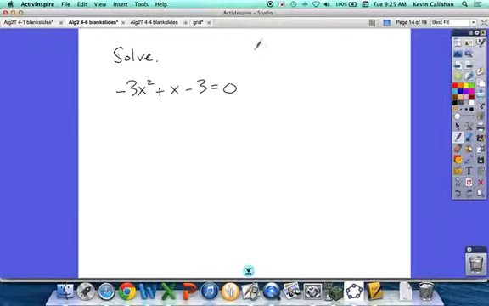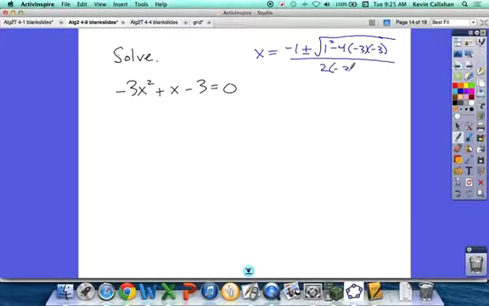x equals, b is 1, so negative 1 plus or minus the square root of 1 squared minus 4 times negative 3 times negative 3, divided by 2 times negative 3. x equals negative 1 plus or minus the square root of 1, and what's going to come next?